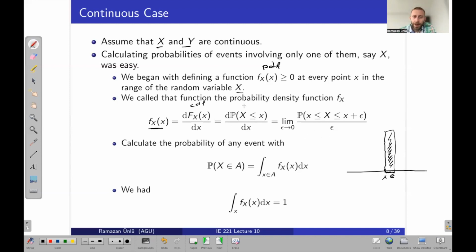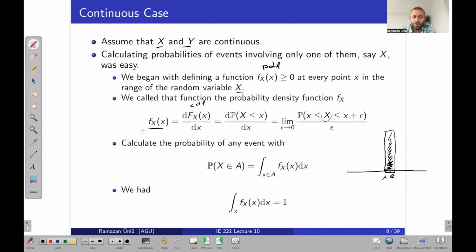I can show this idea in terms of math. The probability that capital X is greater than or equal to x and less than or equal to x plus epsilon, this region. The limit of this probability when epsilon goes to 0 will be a much better approximation.